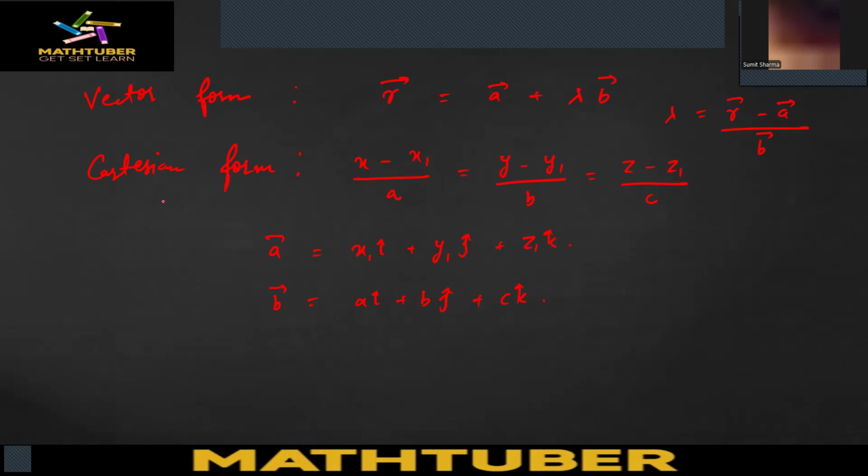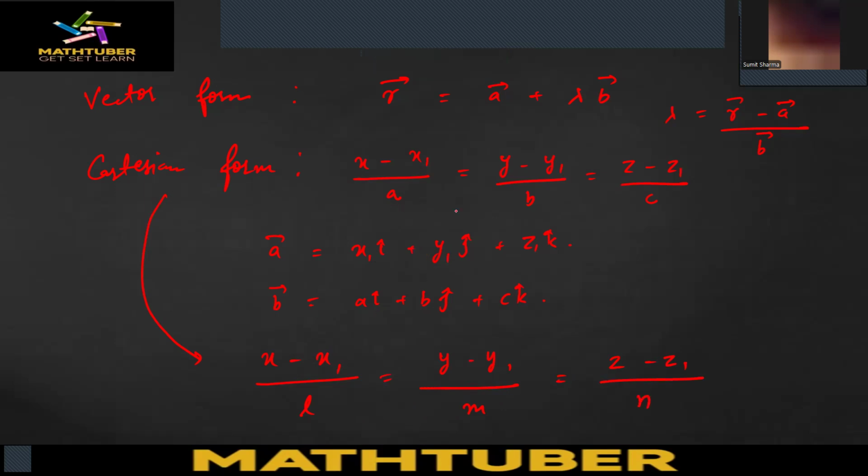So this Cartesian form can also be written as, if we have the direction cosines for the B vector, x minus x1 upon l, y minus y1 upon m, z minus z1 upon n.